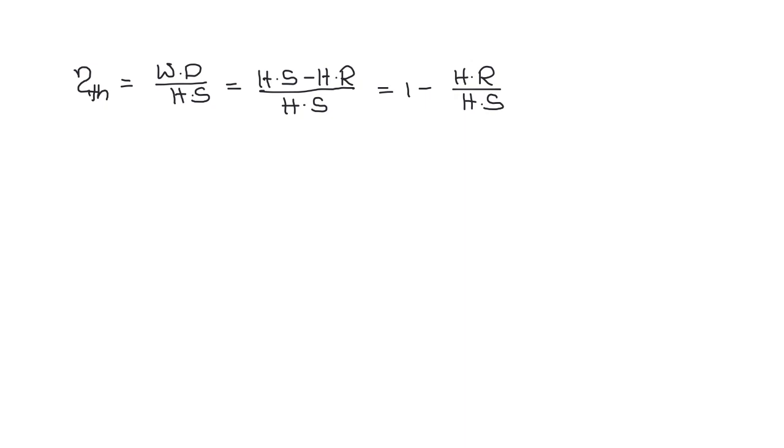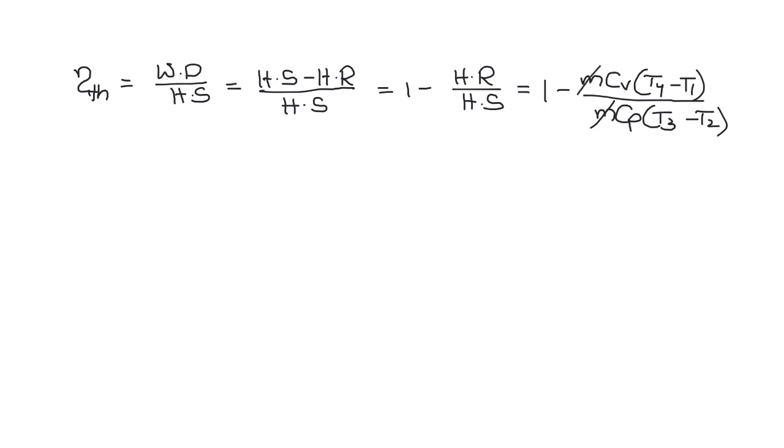Heat rejected is m Cv (T4 minus T1), divided by heat supplied, which is m Cp (T3 minus T2).